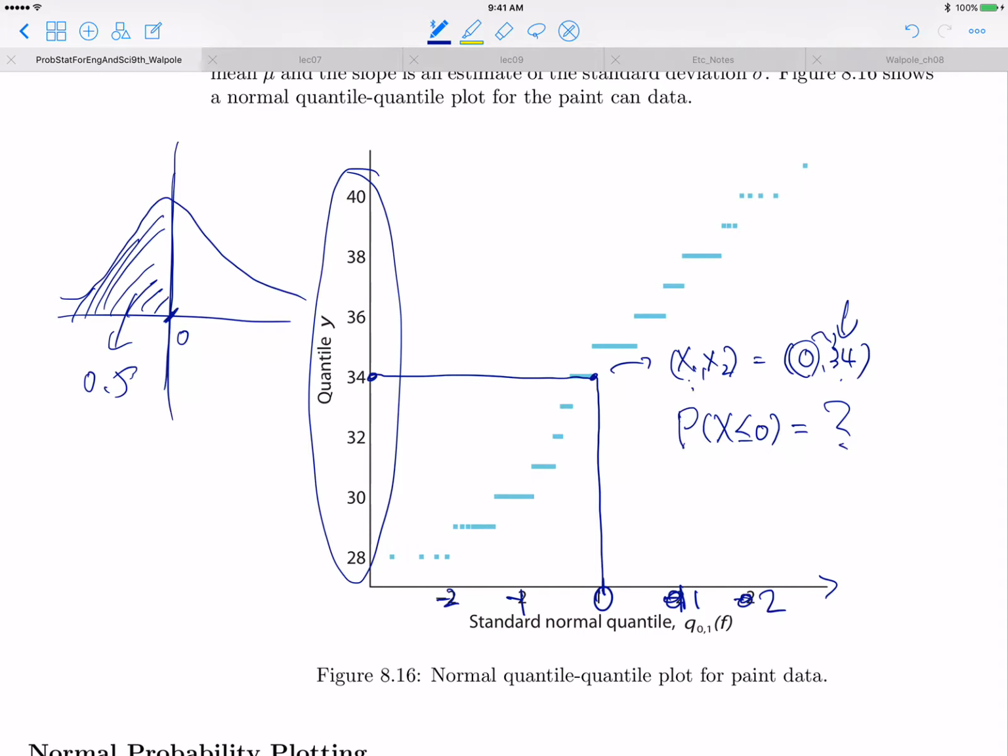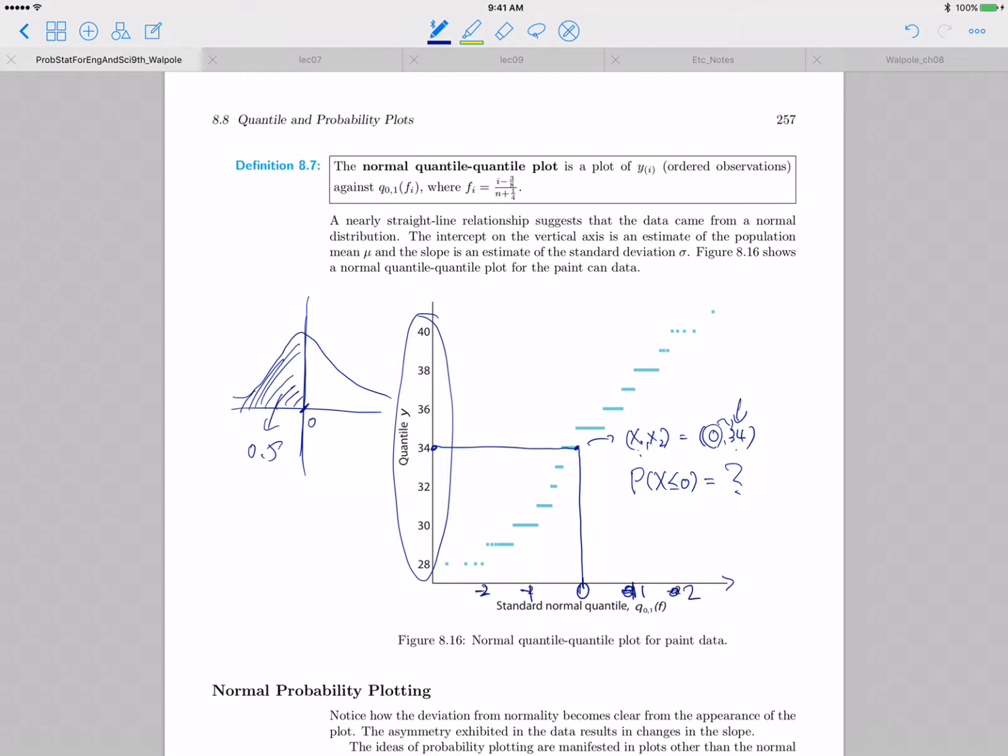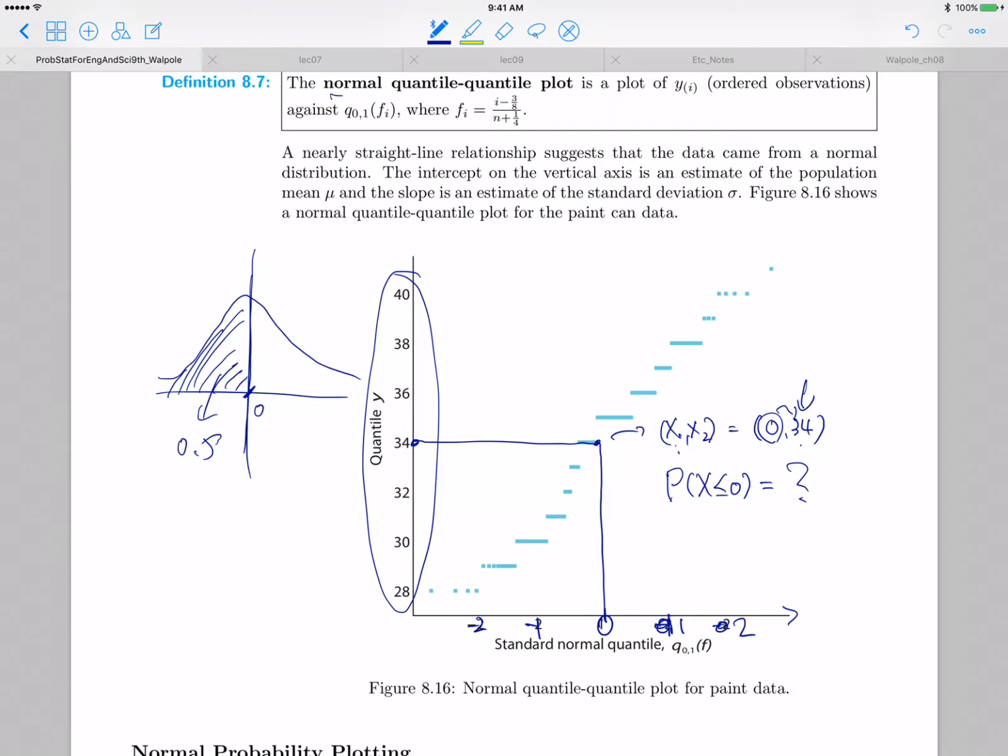Or if you consider 100 students, the exam score of 34 got exactly the fiftieth rank out of 100 students. Okay, and so this is the meaning of this normal quantile plot.